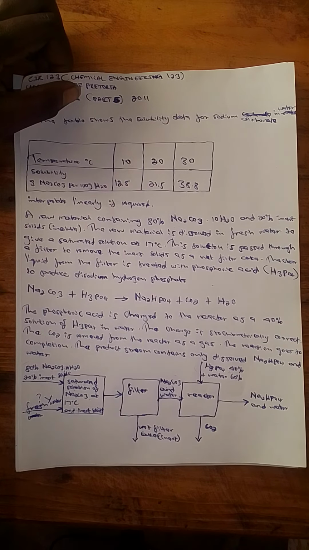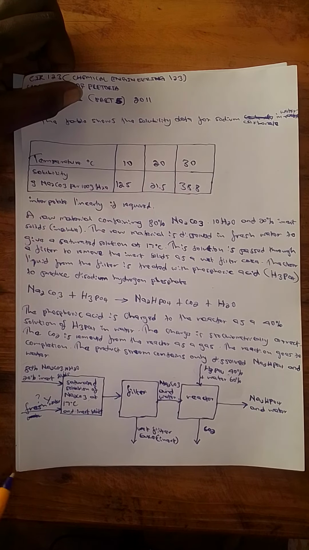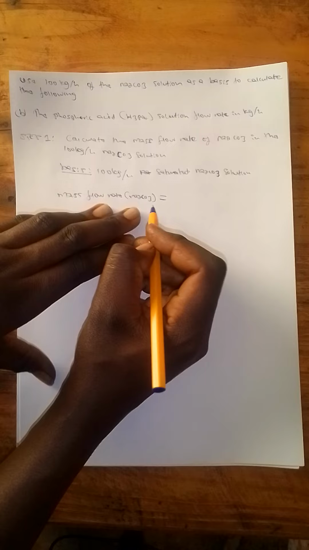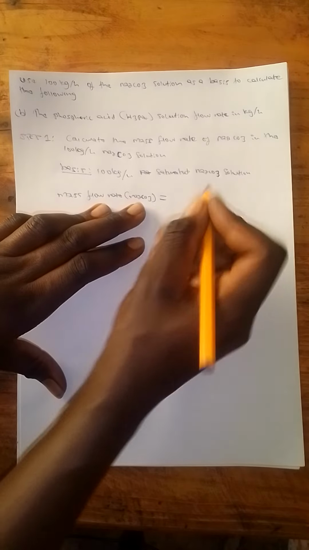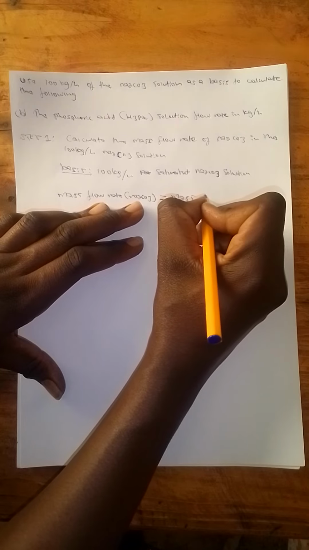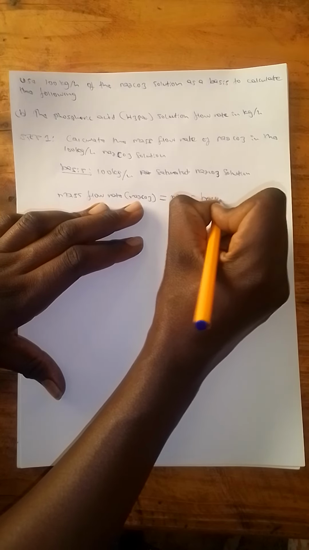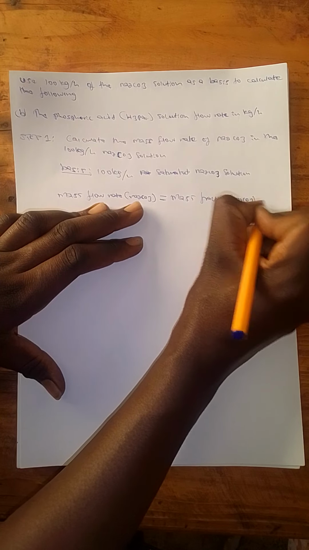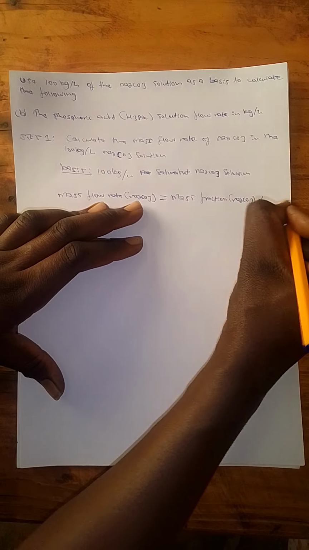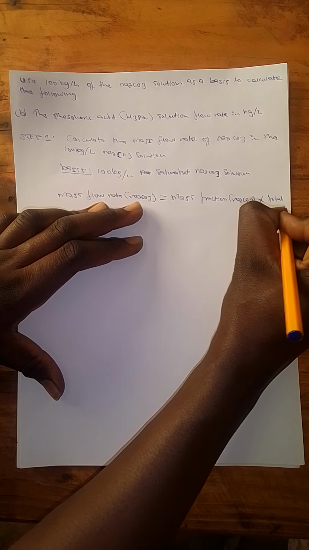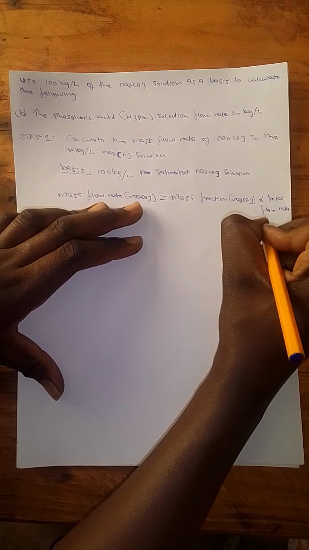And we found that mass fraction to be 0.15825. So let me just write down here that the mass flow rate of Na2CO3 is equal to the mass fraction of Na2CO3 multiplied by the total flow rate of solution.